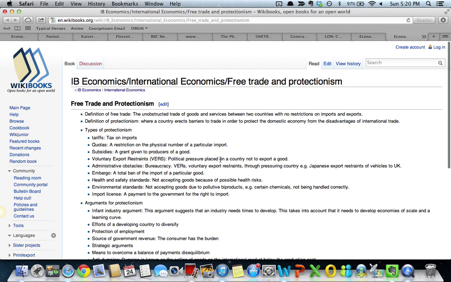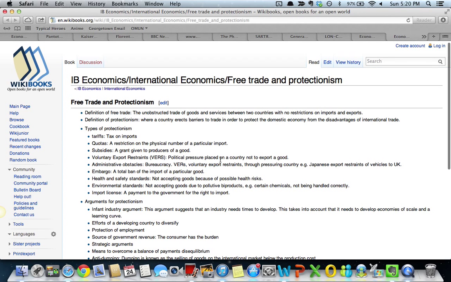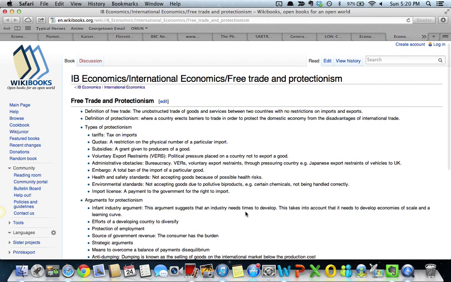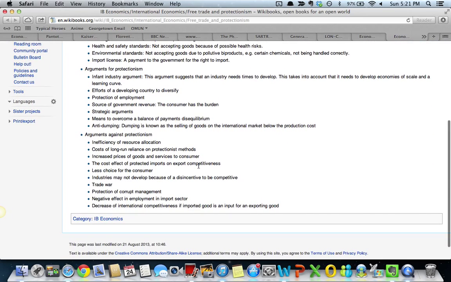This is a big one because they can ask you a lot of questions based on the evaluation. And first of all, before we move on to the for and against parts, might as well look at the definitions and the important terms as shown in Wikibooks. Then they give you all the arguments for and against.